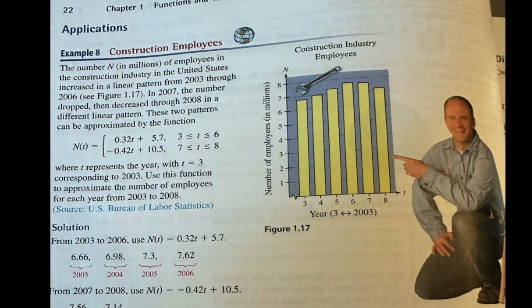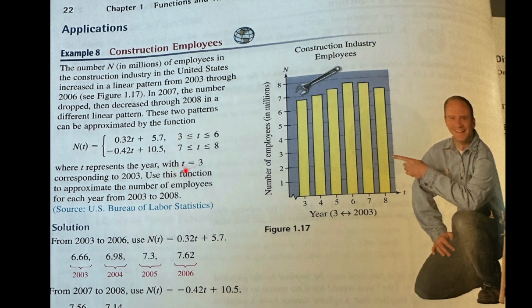The number n in millions of employees in the construction industry in the United States increased in a linear pattern from 2003 to 2006: 2003, 2004, 2005, 2006. In 2007, the number dropped. Here's 2007 and 2008. So depending on if we're looking at 2003 to 2006, we'd look at this piece of the function. And if we were looking at 7 and 8, we'd look at this piece of the function.